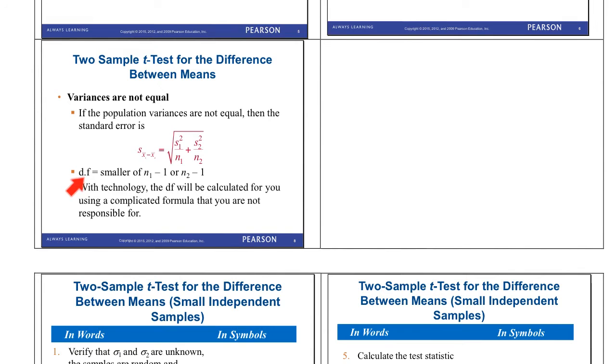Well, now these sample sizes might not be the same, so we're going to go for whichever one is smaller and subtract 1. If you're using technology, with some of the technology shortcuts that I'll be showing you, the degrees of freedom are calculated from a much more complicated formula that you're not responsible for.